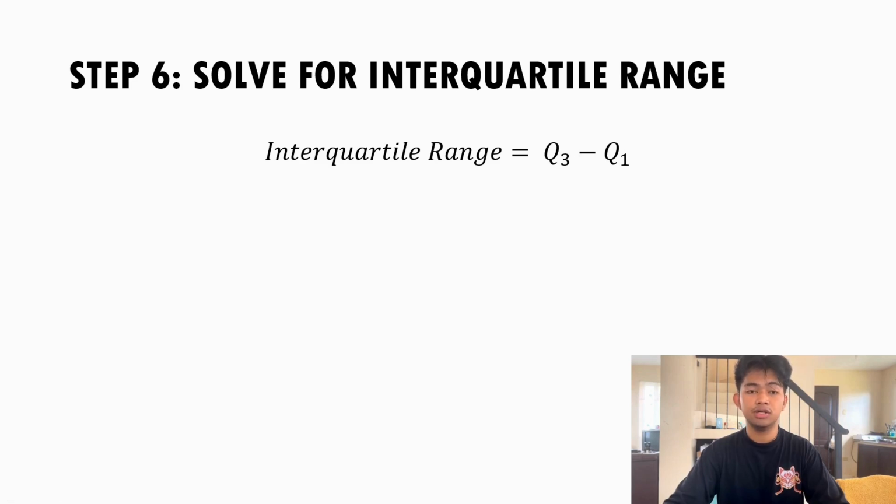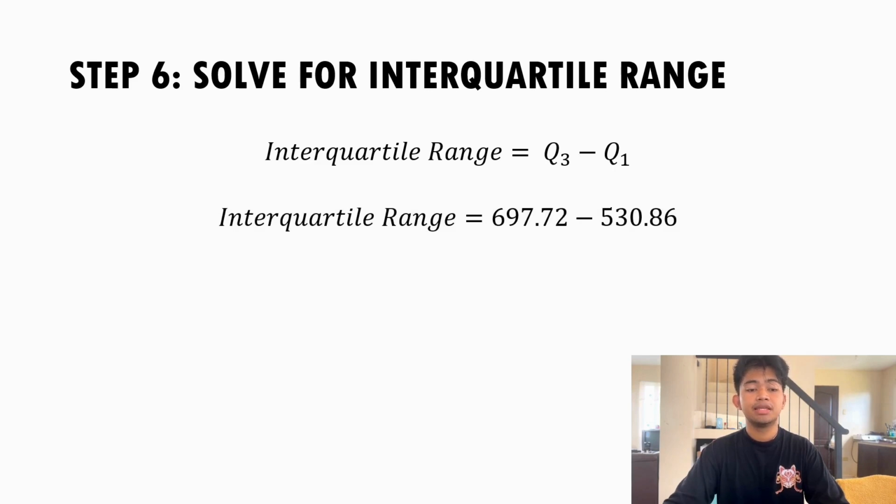We can solve for the interquartile range. Interquartile range is equal to Q3, which is 697.72, minus Q1, which is 530.86. So our interquartile range is now equal to 166.86.